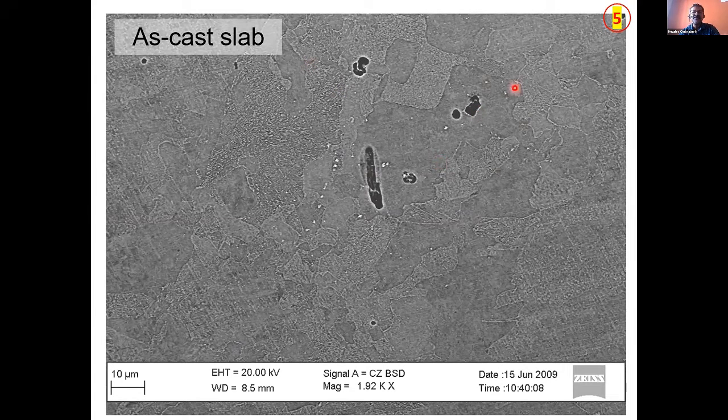So in this part there is an enrichment of elements which led to a higher density of precipitates as well as inclusions. But away from this, we have found several other locations where precipitates are much lower in density. So it shows that the precipitate distribution is inhomogeneous. It's not a uniform precipitate distribution in the as-cast slab.